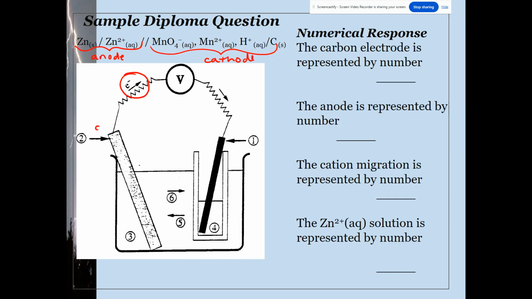So that means that number 2 has to be the anode because the electrons always flow from the anode to the cathode, okay? Now, number 2, anode, is therefore my zinc solid, and therefore the solution around the zinc solid are zinc ions, okay?